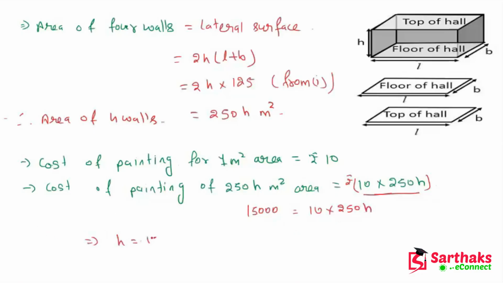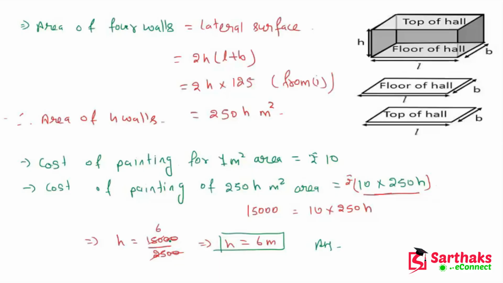So H is equal to 15,000 divided by 2500. This 20 and this 20 will be cancelled, and we can cancel 150 by 25 as 6 times. So we get H is equal to 6 meter. This is the height of the hall. So this is the answer of this question.